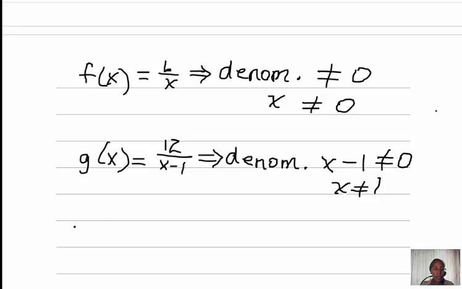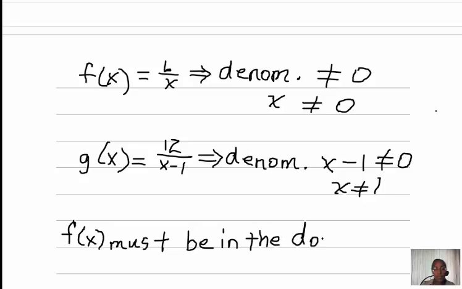So if the domain of g of x is all numbers except 1, then f of x, in order for it to be in g's domain, f of x can't be 1.